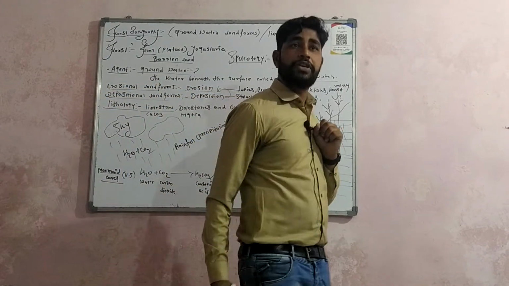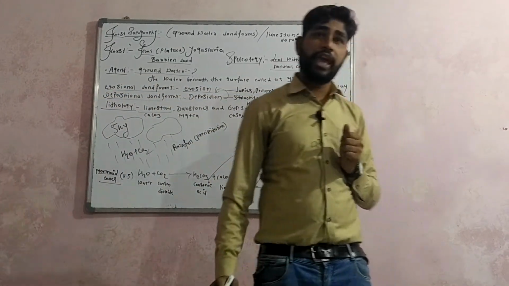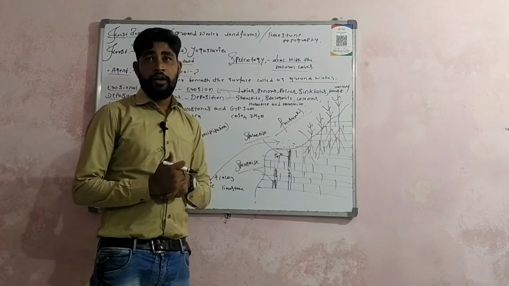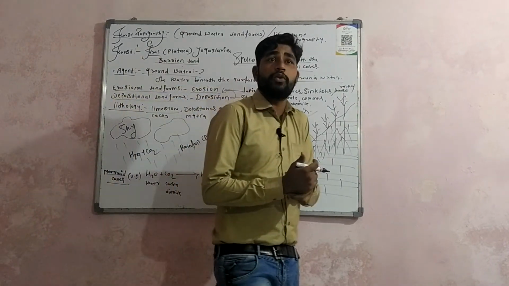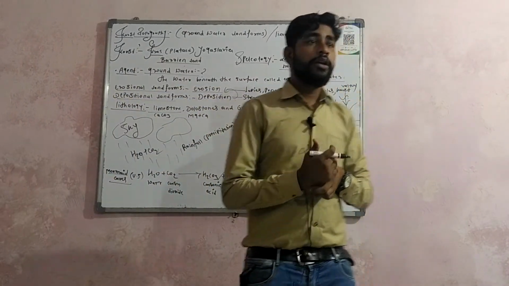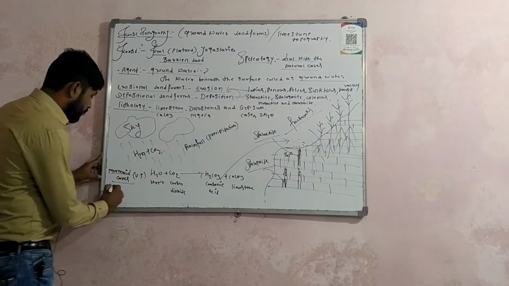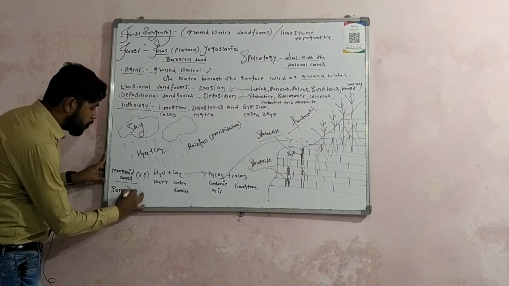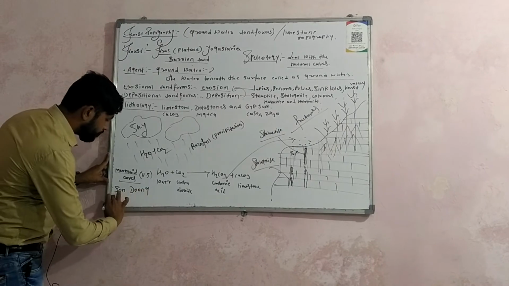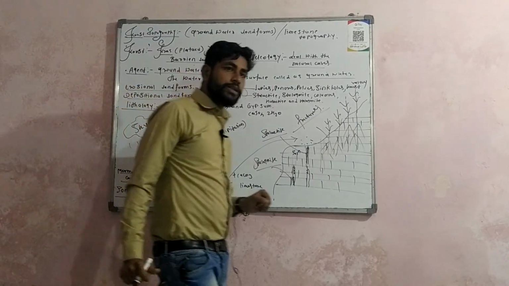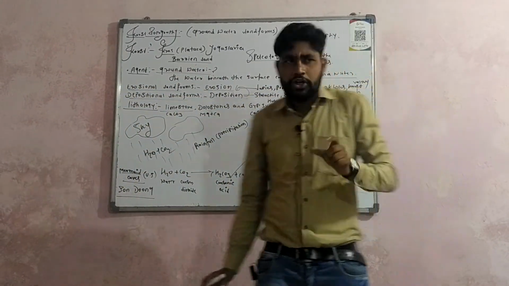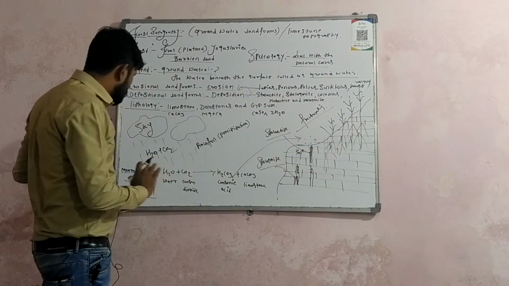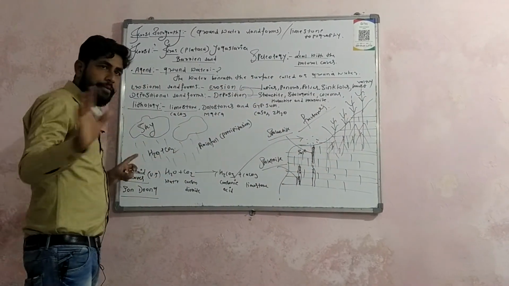Now, one more largest cave. It's 70 meter, which means it's more than 200 feet. We call it Son Doong. The cave is Son Doong cave. I don't know the exact country, but the name is Son Doong.